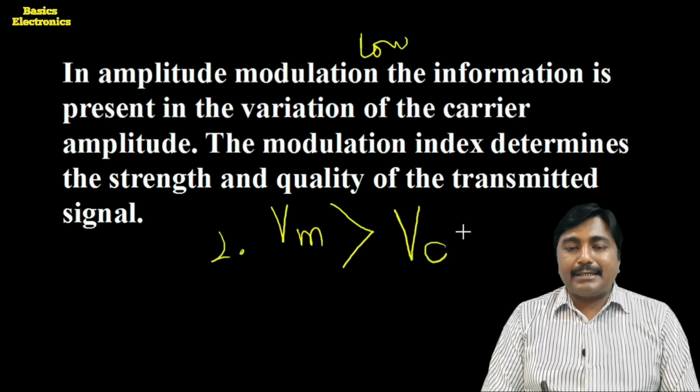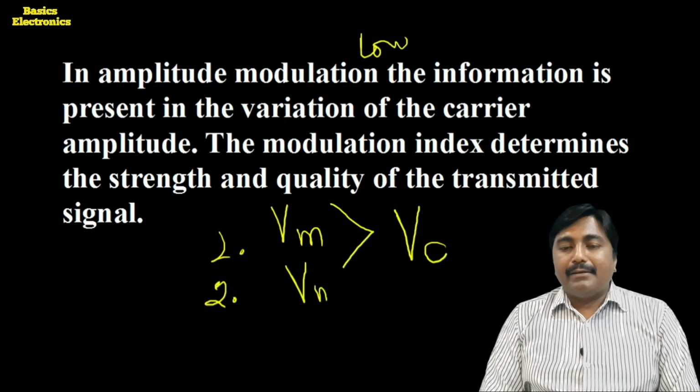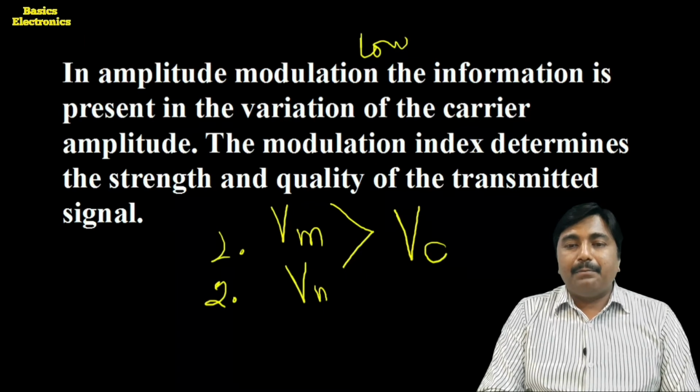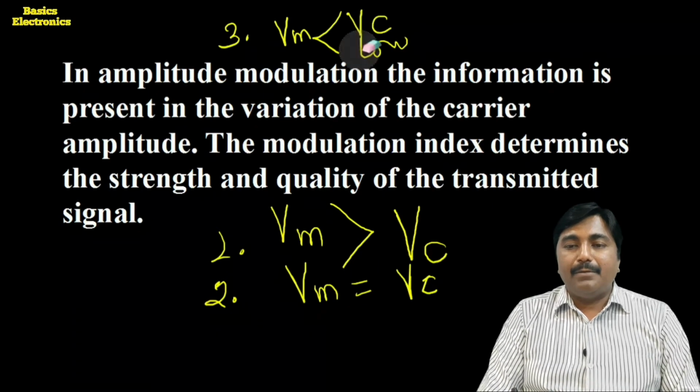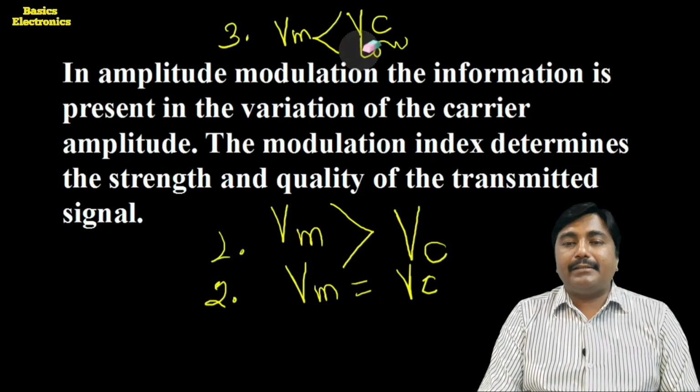The second condition is when Vm and Vc are both equal, and the third condition we can consider is when Vm is less than the peak voltage of the carrier signal, Vm is less than Vc. So these are the three conditions.